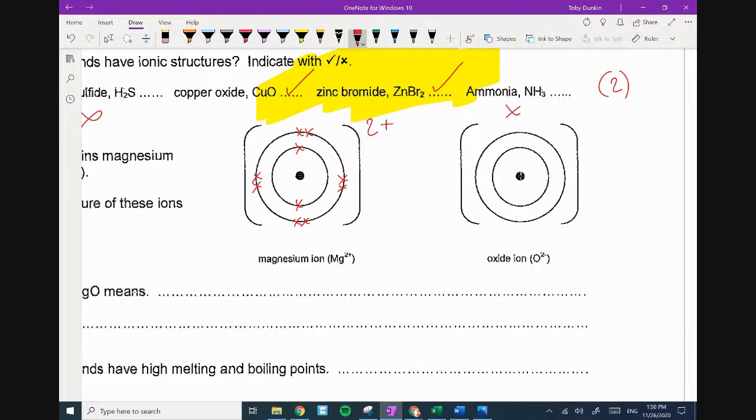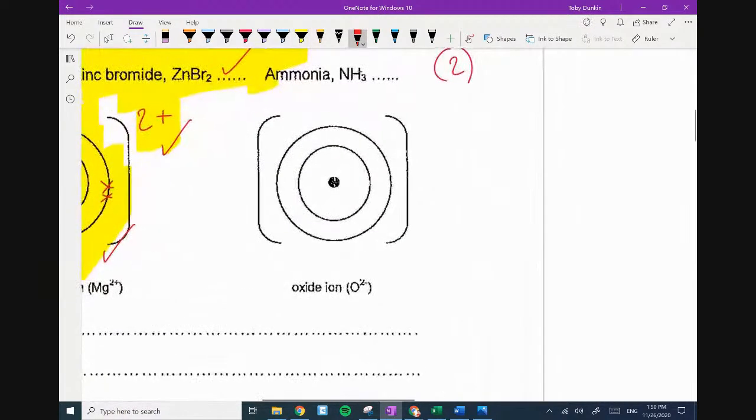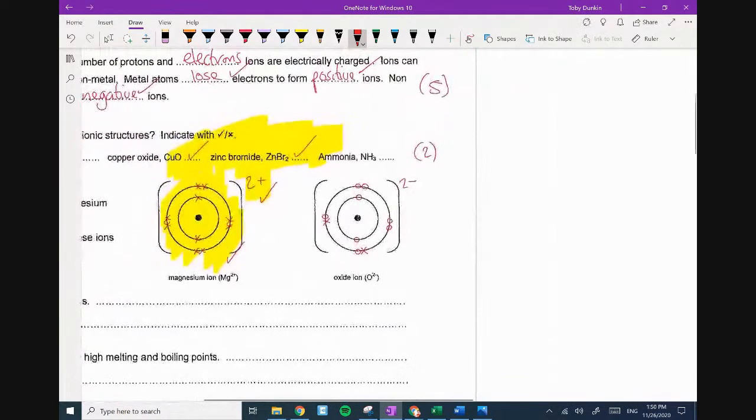So that's 2 marks, guys. I'll show you where the marks come from. All of these being correct and 1 mark for the charge. Right, oxide ion. 1, 2, 3, 4, 5, 6, 7, 8 originally, and then it gains 2, and that becomes 2 minus. So 2 marks, 1 for all of these dot and crosses being correct.